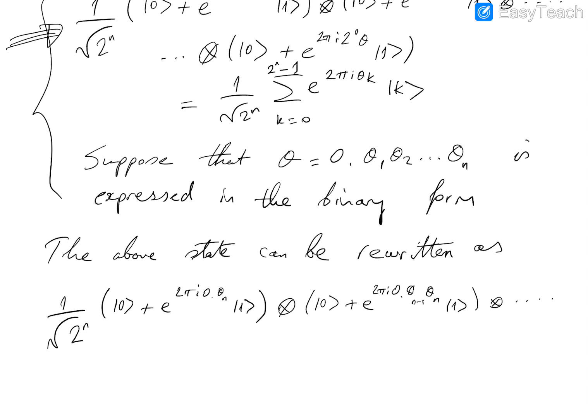Tensor, if we continue like this, in the last qubit we have ket 0 plus e to the 2 pi i 0 point theta 1, theta 2, up to the last digits, ket 1.